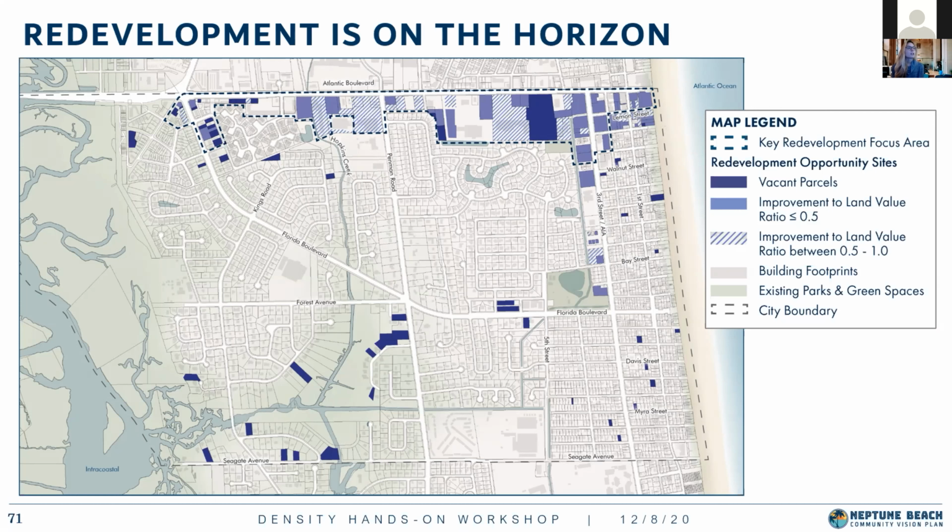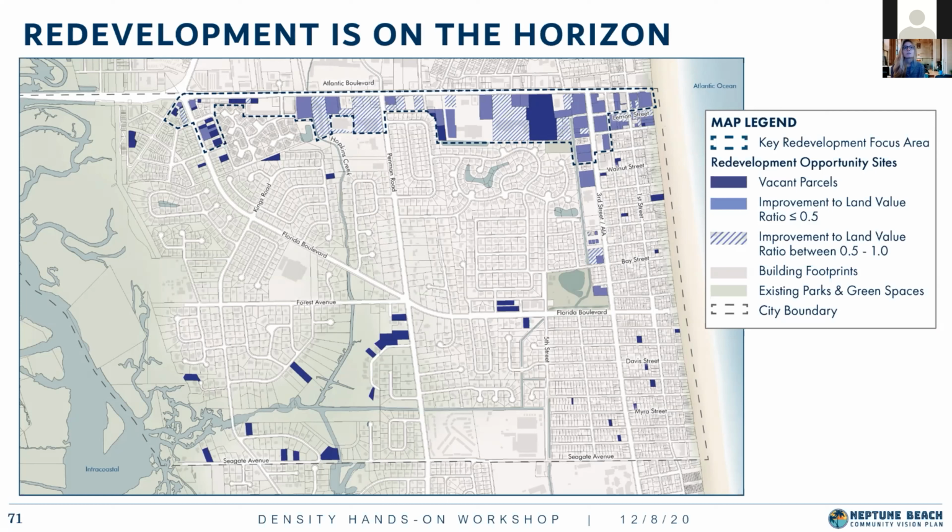But there's also, in the lighter purple, lots where the improvement to land value ratio is less than 0.5. That ratio is a good, quick way to see which parcels are likely to get redeveloped. Improvements are any investments that have been made on a particular property, such as a building.